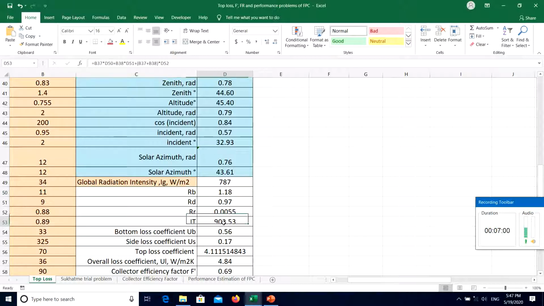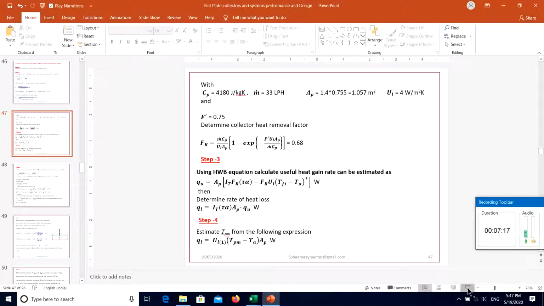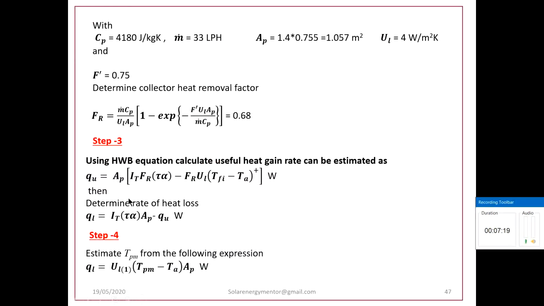So IT is equal to IB RB plus ID RD plus IG RR. So this is 902.53 watt per meter square. Come back to this. So IT is known here. Tau alpha is given, everything is given. We can find out QU.